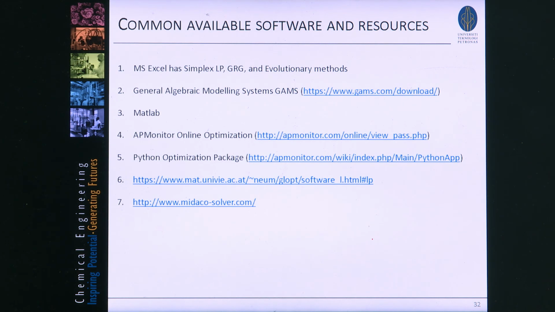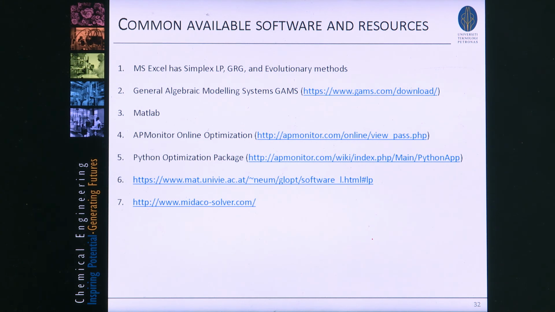So these are some common available software and resources that you can look into further after finishing this course. Microsoft Excel has simplex linear programming, the GRG method, and evolutionary methods for the genetic algorithm.